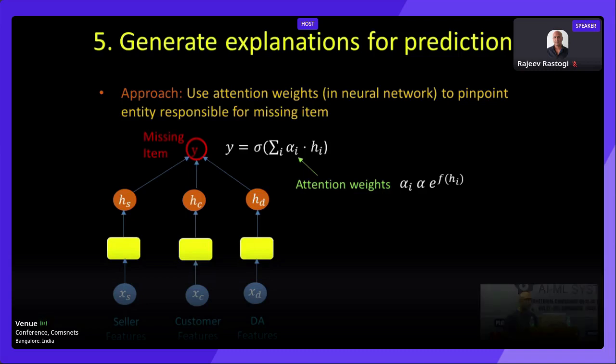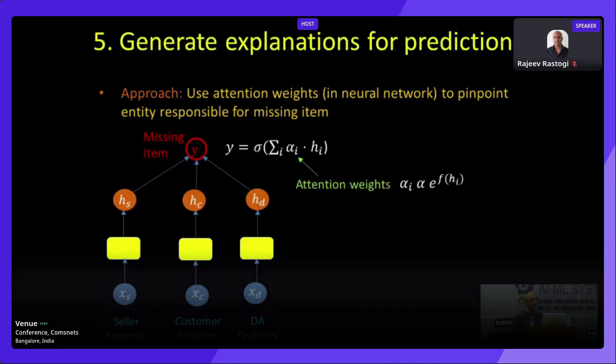And so entities who are responsible for the missing item will end up with high attention weights, while entities who are not responsible will end up having low attention weights. And this is how we can pinpoint the entity that's responsible for the missing item and take the appropriate action, that could be something like investigating the entity, for example.